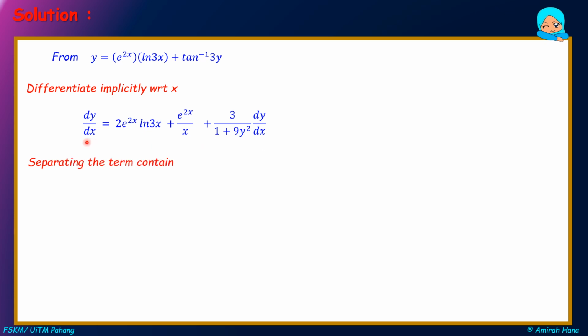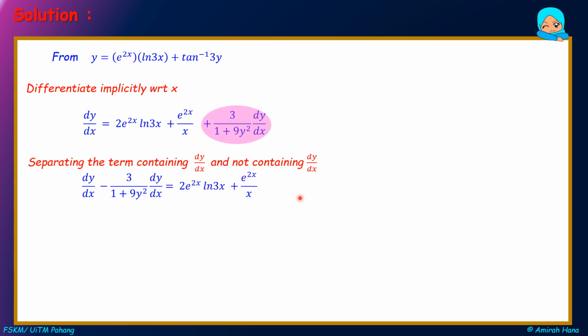And after that, we need to separate the term containing dy over dx and not containing dy over dx, because we want to find dy over dx. So from here, after we move to the left hand side, we get this.